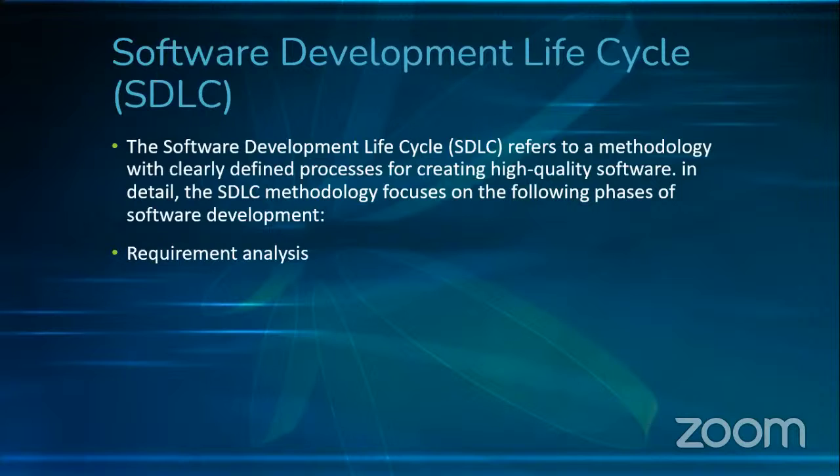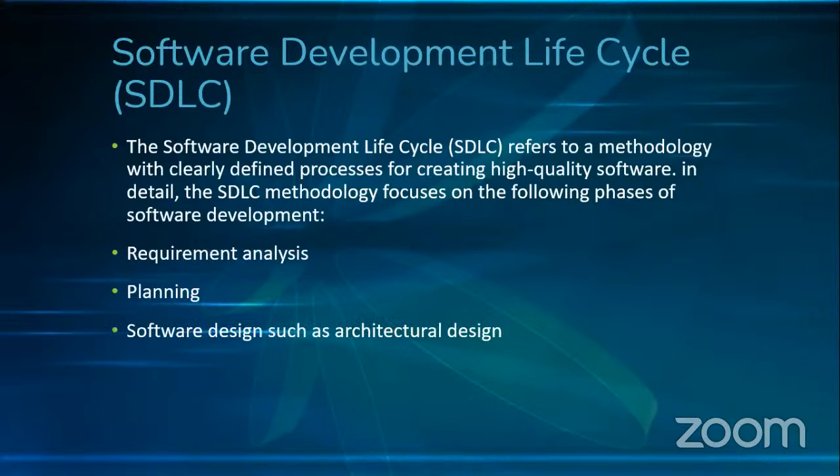So the first one is requirement analysis. We gather the requirements, analyze the requirements, get an understanding, and do a kickoff. The next thing is the planning phase. The third thing we have is the software design, where we're talking about the architectural design.